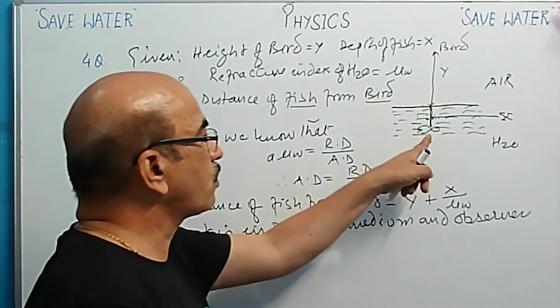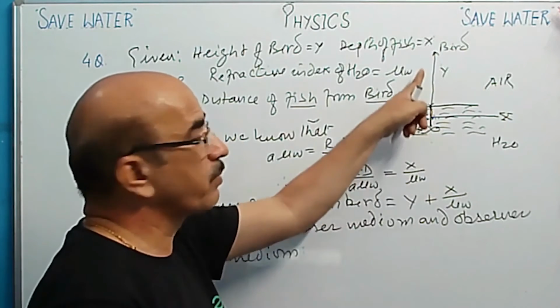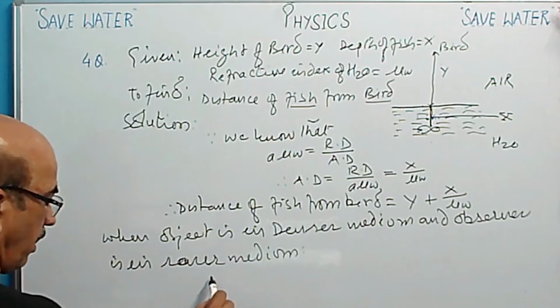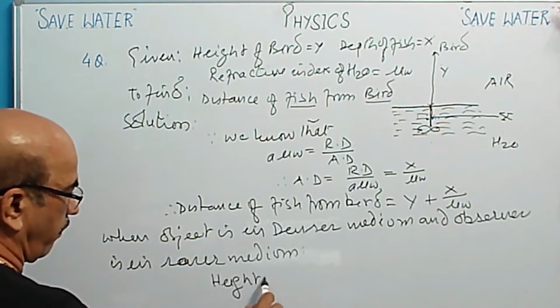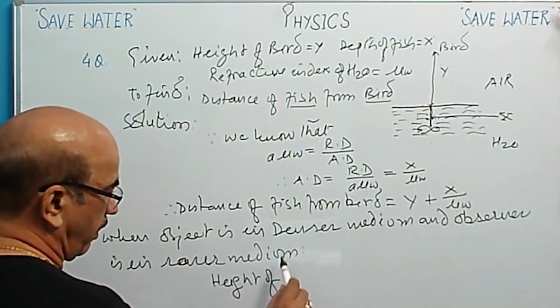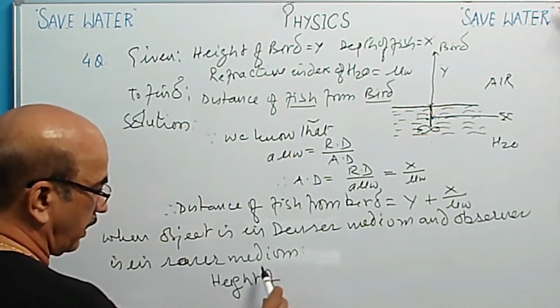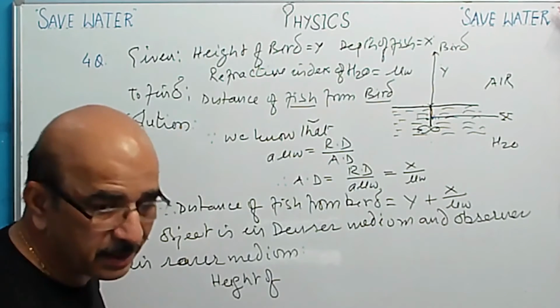So then the distance of the object from the observer will be, or we can write height of, or we can say distance. We should write down distance.